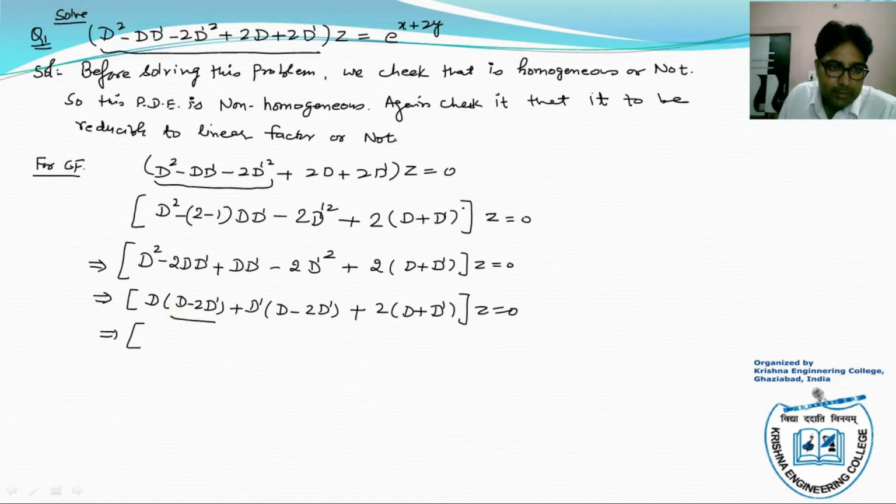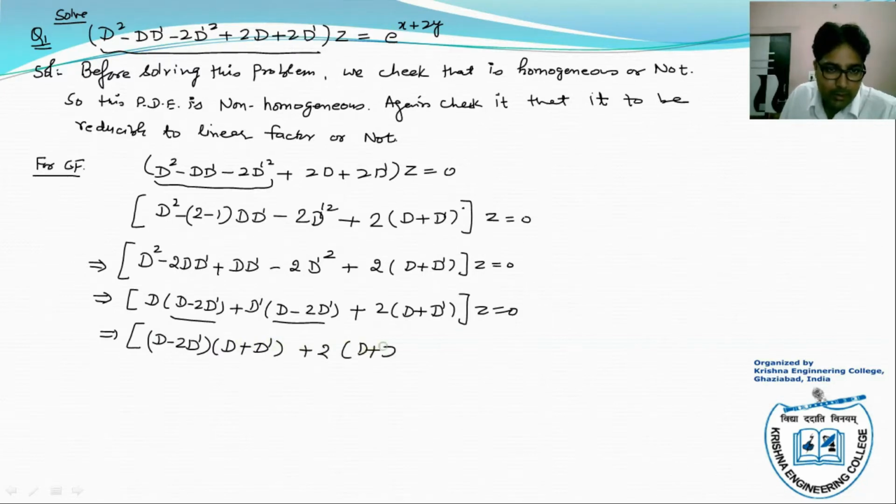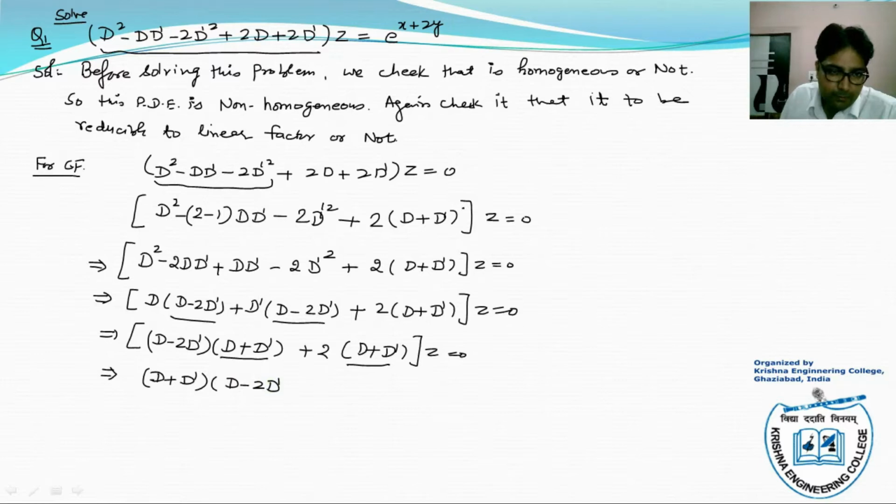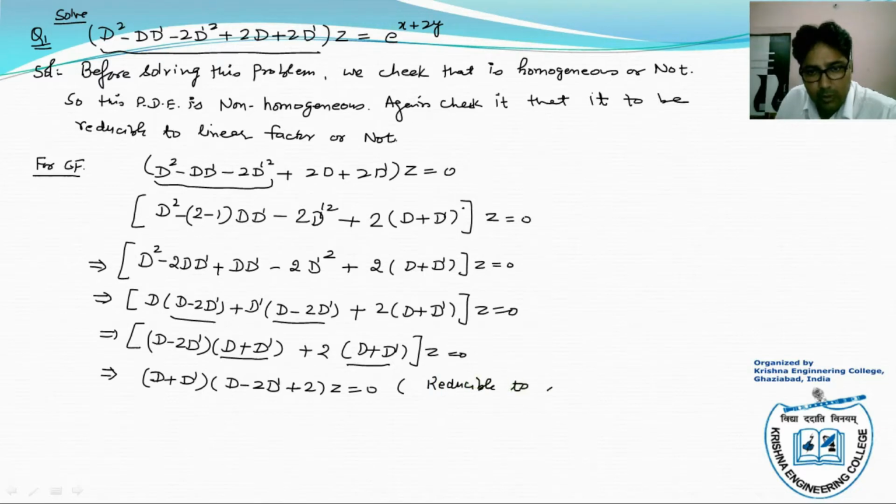Take D minus 2D dash common from these terms, so we get D minus 2D dash into D plus D dash plus 2 into D plus D dash, z is equal to 0. So this becomes, taking D plus D dash common throughout, D plus D dash into D minus 2D dash plus 2, z is equal to 0. Clear? This is reducible to linear factors.